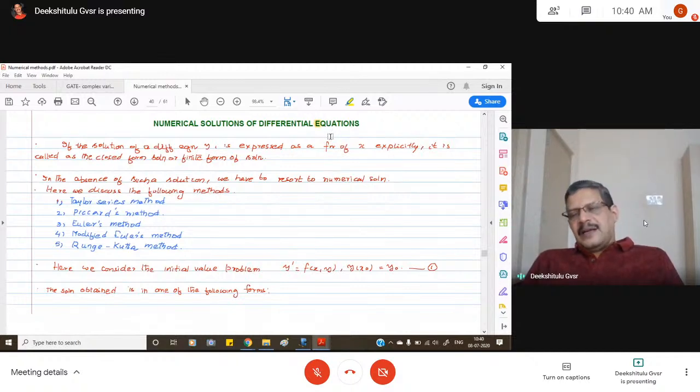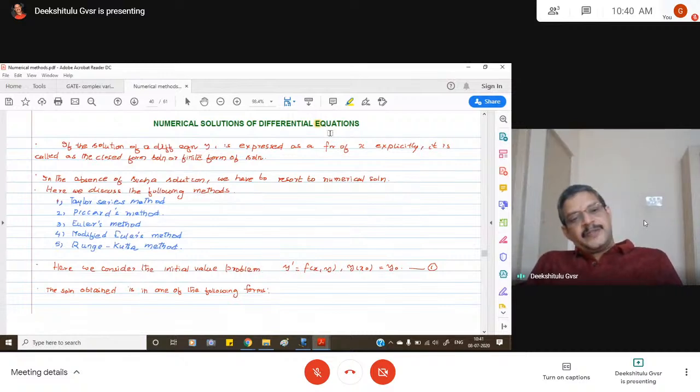But it need not always be possible to find closed form solutions because of different things involved in the problem. Maybe f of x, y may be very complicated, and the structure of the differential equation may not allow you to write the solution as an explicit function of the independent variable.